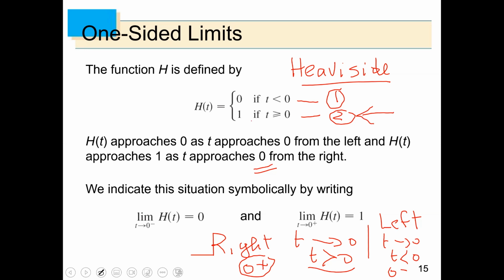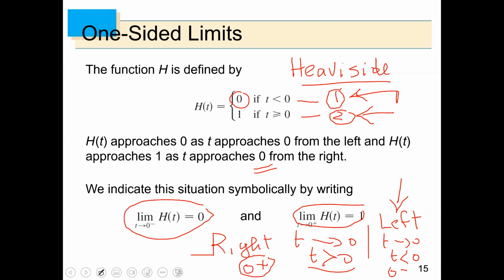And the value of h for expression 2 is equal to 1. And for the left, I will use expression 1, because I am at 0 minus. Then I conclude that my limit is equal to 0.